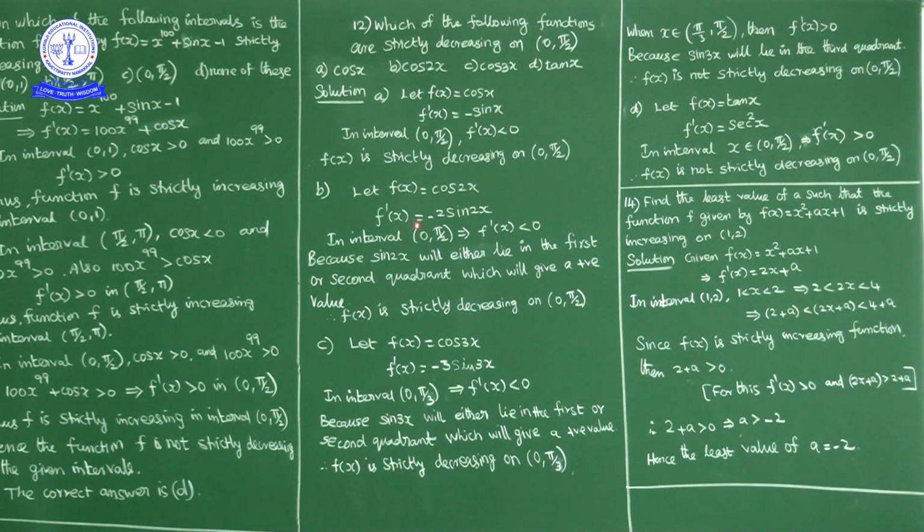Now f dash of x is equal to what? Cos 2x derivative is minus sin 2x into 2, nothing but minus 2 sin 2x. Now as x belongs to 0 to pi by 2, 2x belongs to 0 to pi.